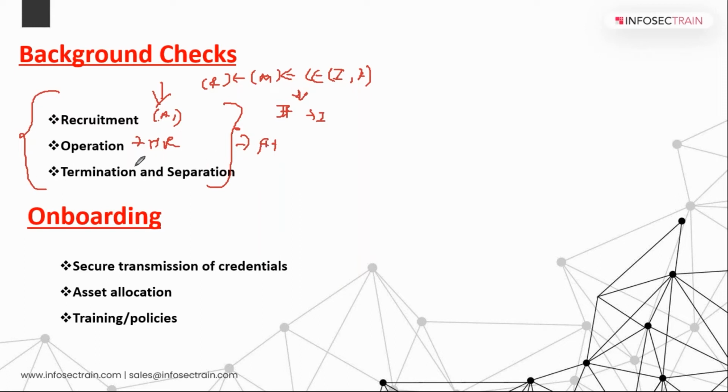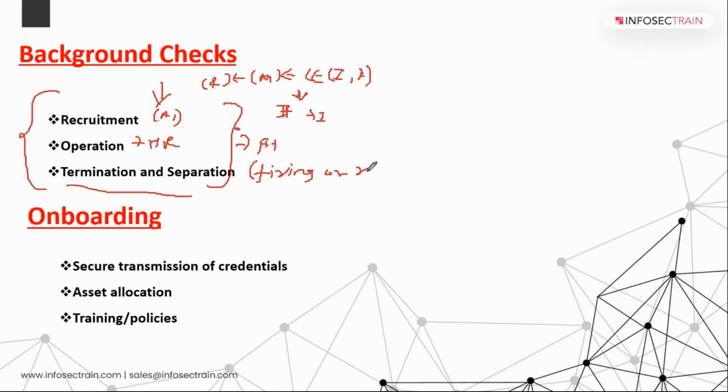Okay, next we have your termination and separation. Particularly, termination, we can say, is firing. And separation, we can take the example of retiring as well, or moving into another job profile.